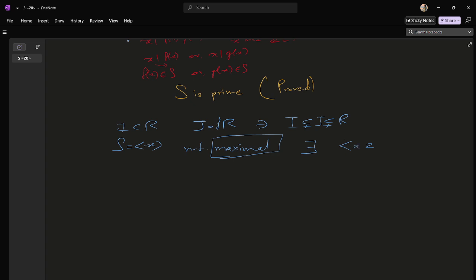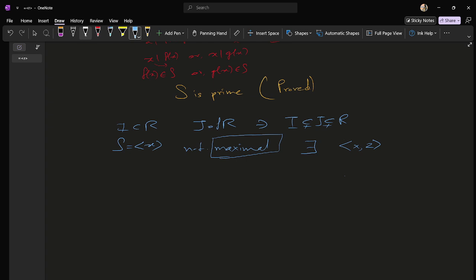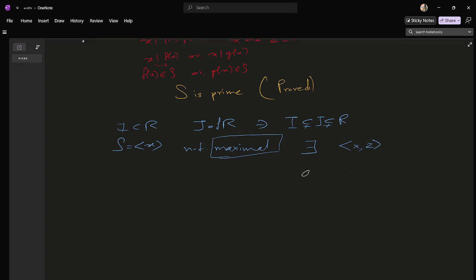Can you see my screen? Which consists of all polynomials of which kind? They are looking like a(x)x + 3b(x), where a(x) and b(x) belong to Z[x].